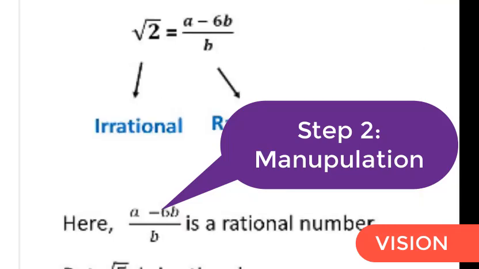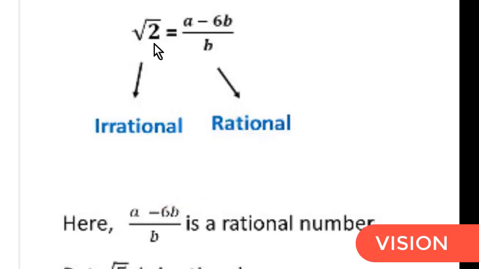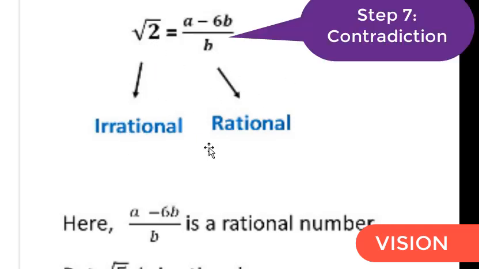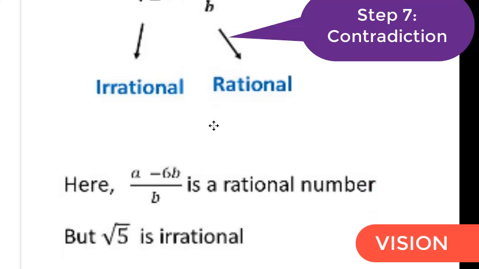Okay. On the LHS we got root 2, and root 2 is an irrational number. So we can directly jump to step number 7, the declaration of the contradiction. How is the contradiction happening? LHS is irrational and RHS is rational, so this is a contradiction.